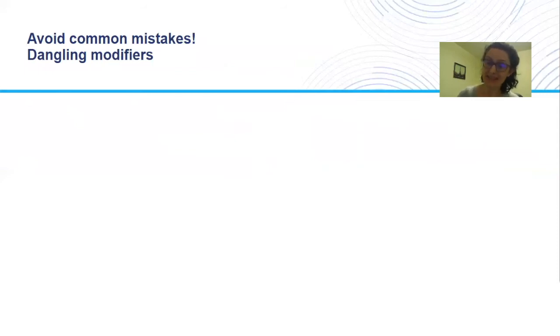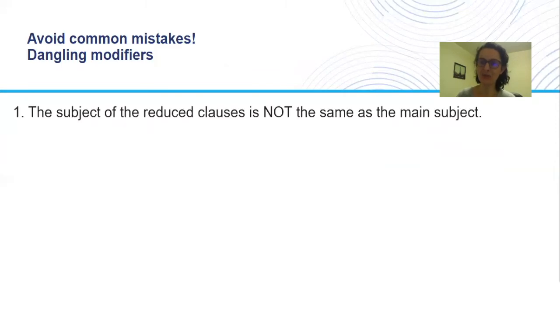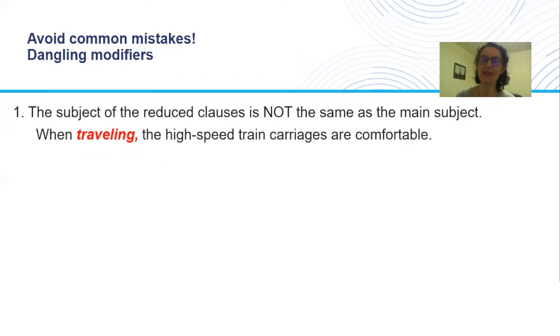Then finally, let's talk about some common mistakes. The first type of mistakes happen when we try to reduce an adverb clause that contains a subject different from the main clause. Look at this example. When traveling, the high-speed train carriages are comfortable.